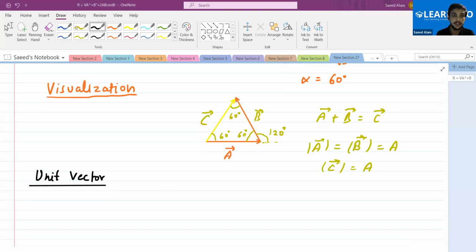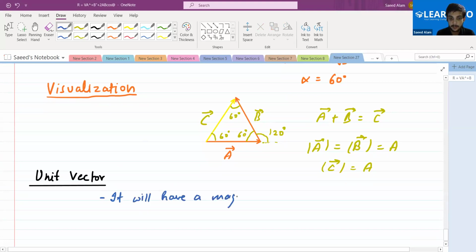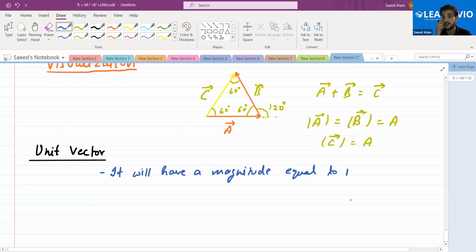Yes, that means it will have a magnitude equal to 1. So any vector which is having a magnitude 1 can be called a unit vector.